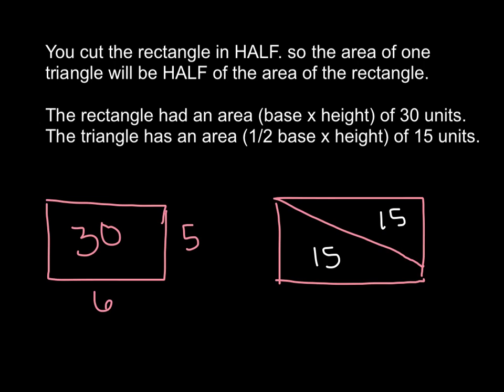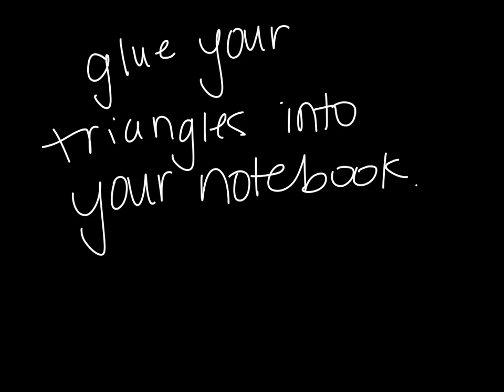So all you're doing is taking these two numbers, and when you get the area, you're just cutting it in half. So you should have 15 on both sides. Alright, so when you get that figured out, glue your triangle into your notebook, and move on.